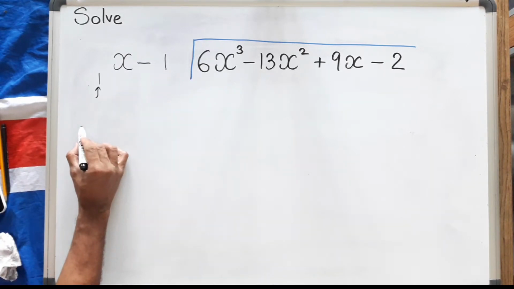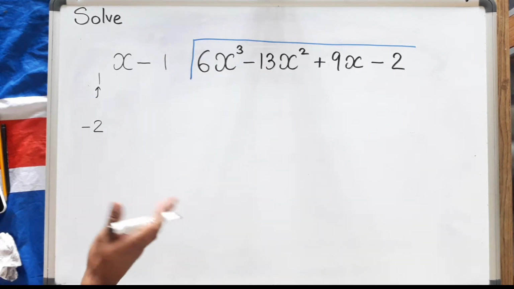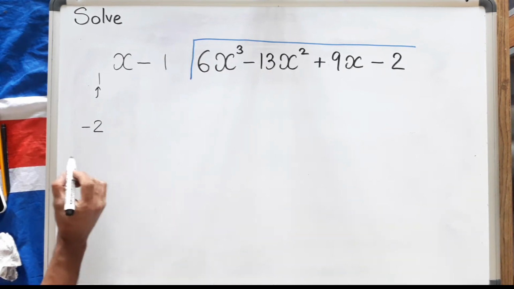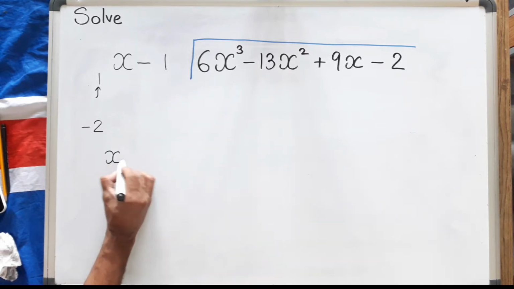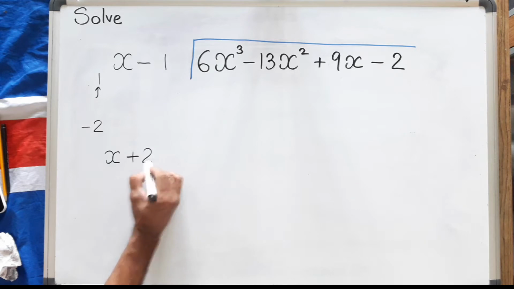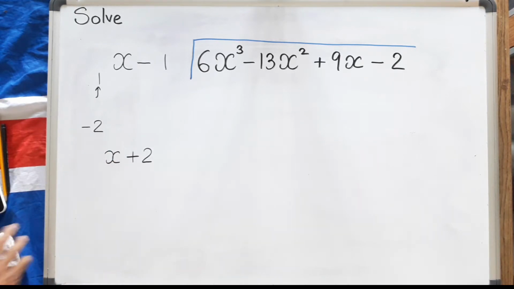If our first guess was -2 and it had reduced it to 0, I'm not saying it reduces this one to 0, but if it had, you would have to divide this whole expression by x plus 2. The opposite of the number goes next to the x.